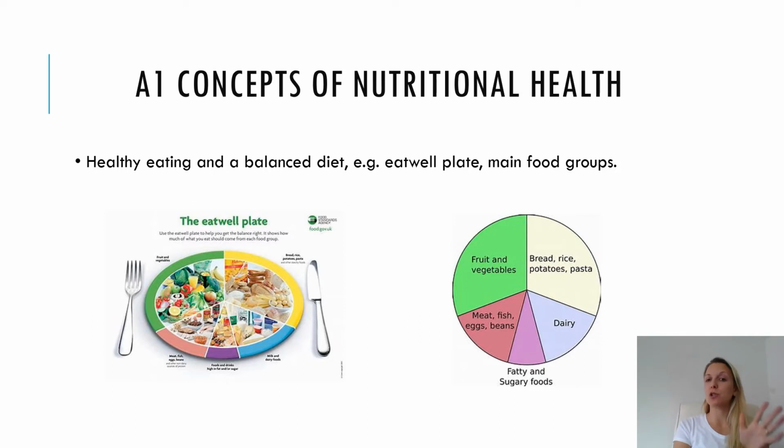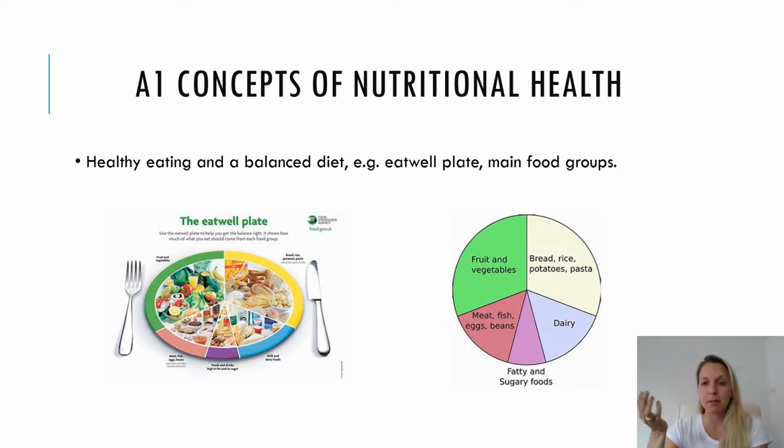And then it should be a smaller amount of the meats, the fatty and sugary foods, and the dairy as well. So obviously not many of you are going to have all of those things on one plate in one go. That's a bit strange. But that's what your day to day should look like, and that's what's going to get you healthier. It's going to get you the right nutrients.